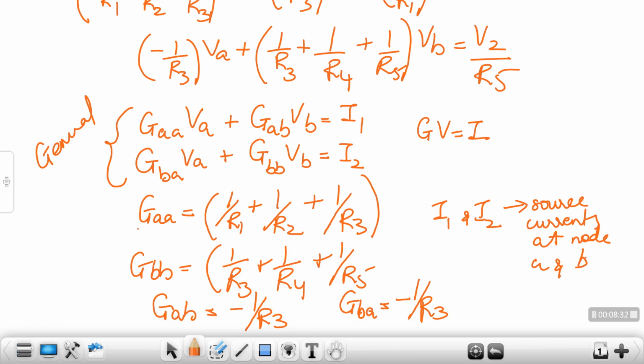The current which leaves the node will have a negative sign.